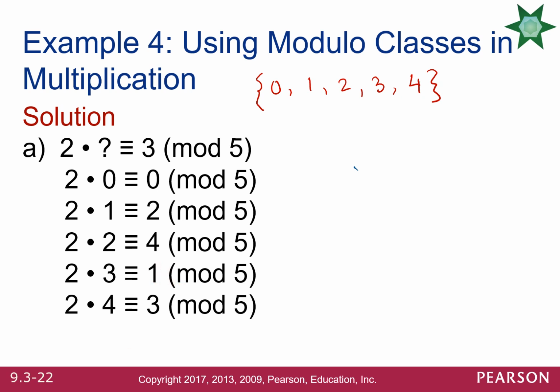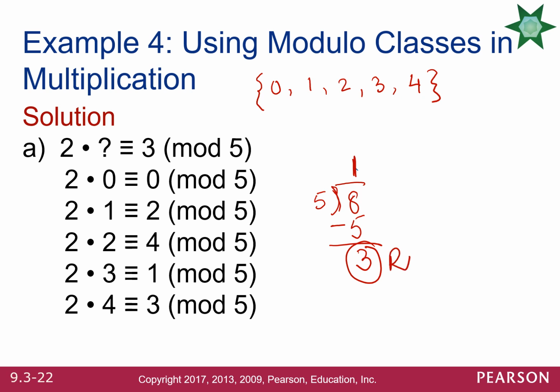The last one is replacing the question mark with a 4. 2 times 4 is 8, and 8 mod 5. So when we divide 8 by 5, do we get a remainder of 3, right? So 1 is the quotient, 5 goes into 8 once, and then 8 minus 5 is a 3. Yes, all right.